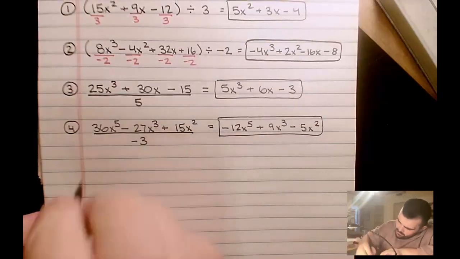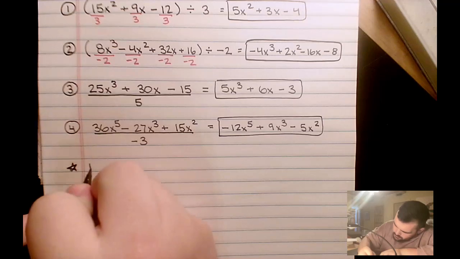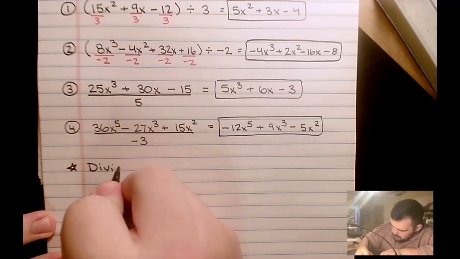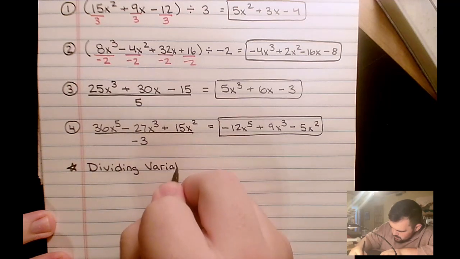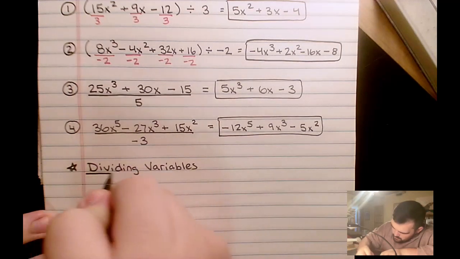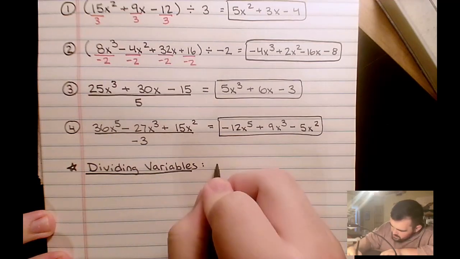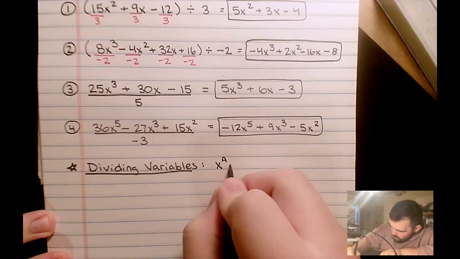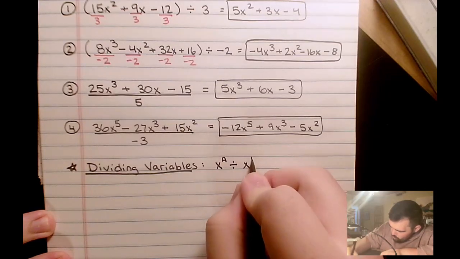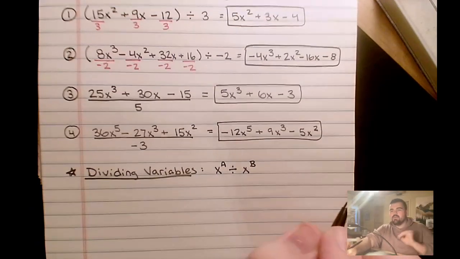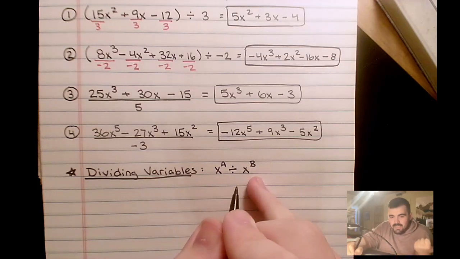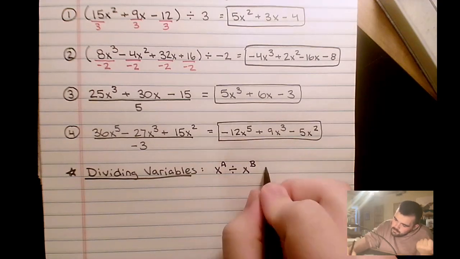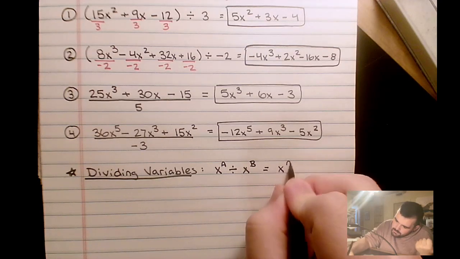If you divide variables, such as x to the whatever power divided by x to the whatever power, you may remember in our last videos when we talked about multiplying x times x, we added the exponents. When we divide, we do the opposite. All we have to do is subtract the exponents.